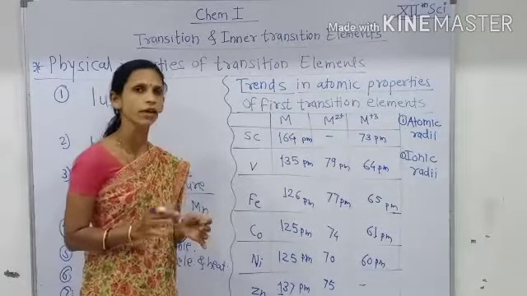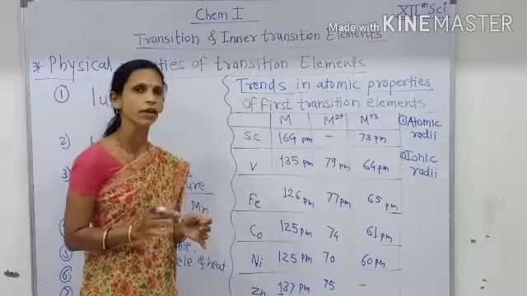Why does the atomic radius of these elements decrease gradually? All of you know the effective nuclear charge increases by 1 unit from left to right, that is from scandium to nickel. It is because the 3d orbital is progressively filled up.